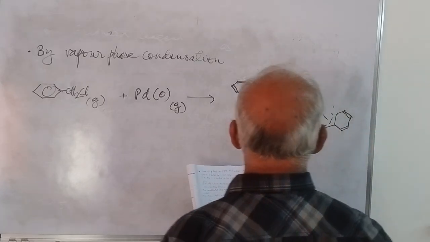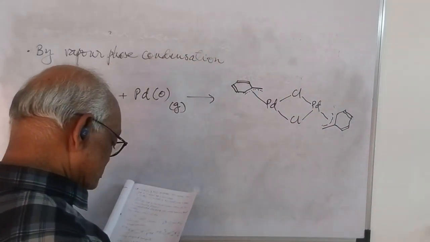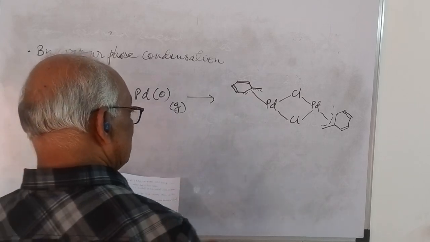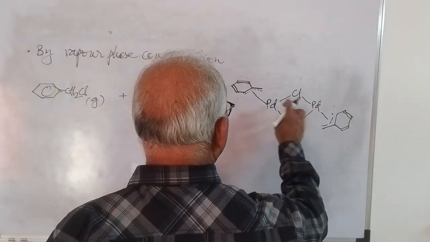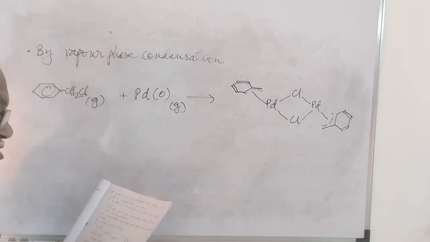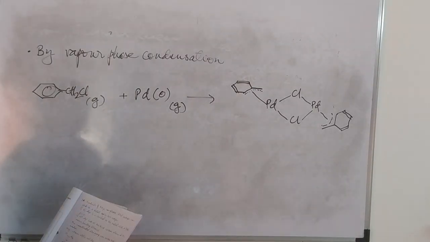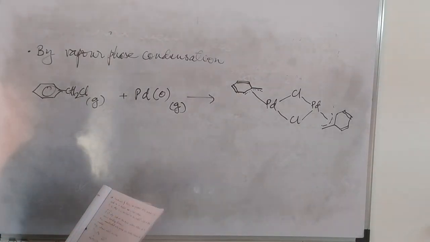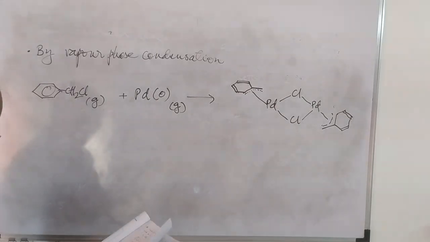So these are eta 1, eta 2, eta 3. It means the bond is not localized. It is switching over from eta 1, eta 2 to eta 3.